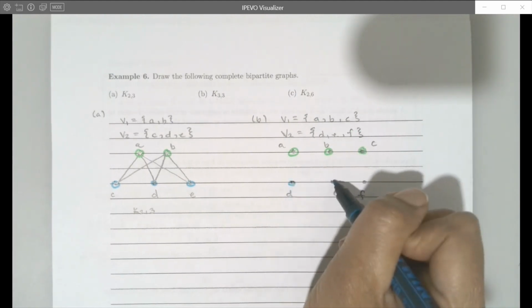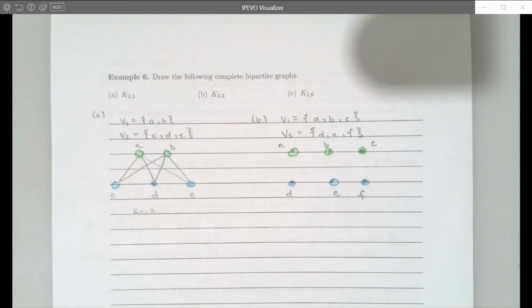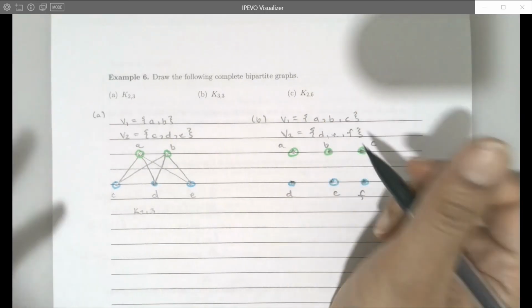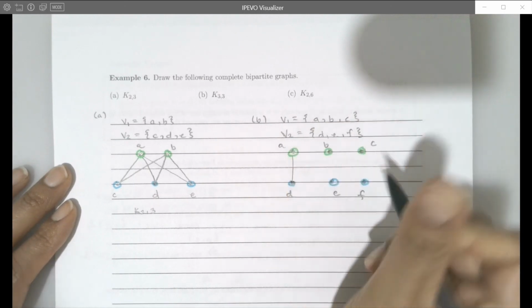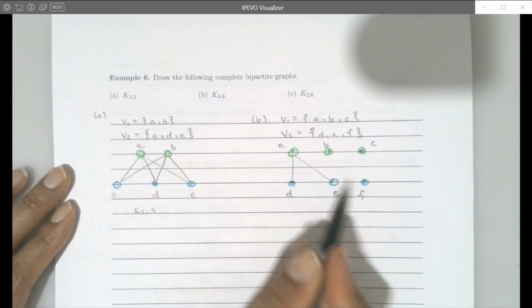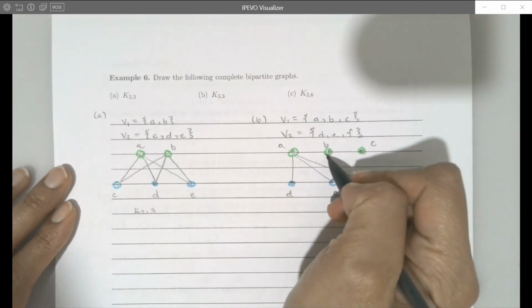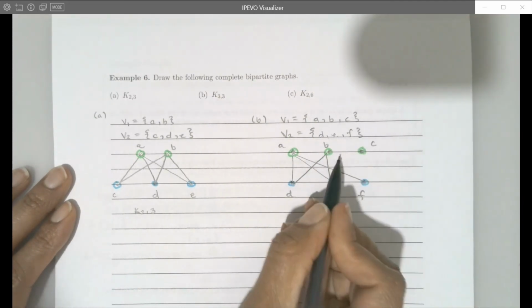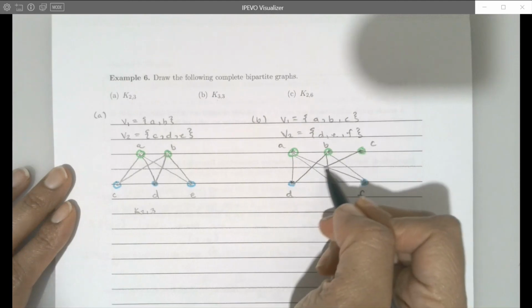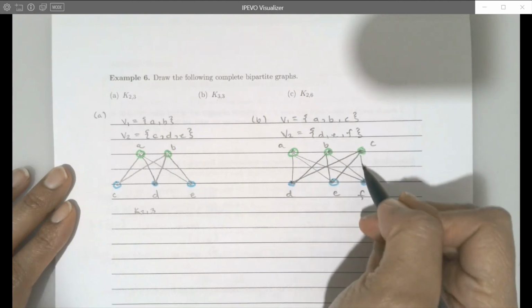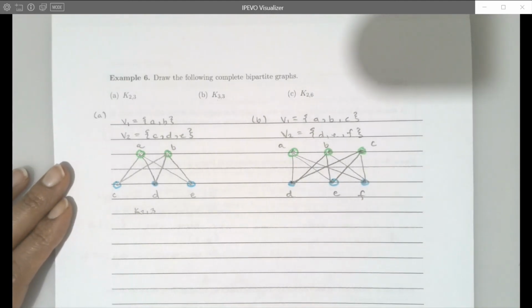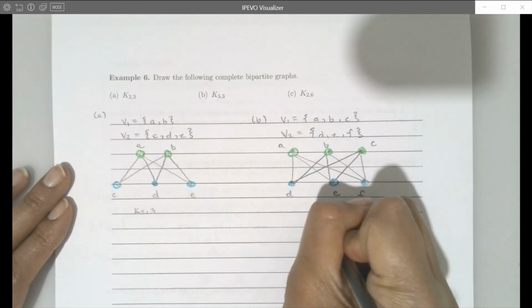All the nodes that are part of V2 will color code blue. And we only want green connecting to blue. And we want all possible edges. So between A and blue nodes, we have AD, AE, AF, then BD, BE, BF, and CD, CE, CF. And that would be K3,3.